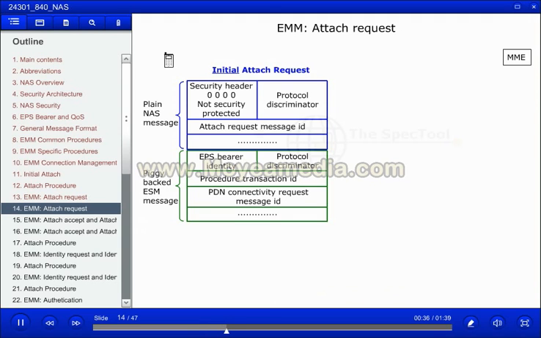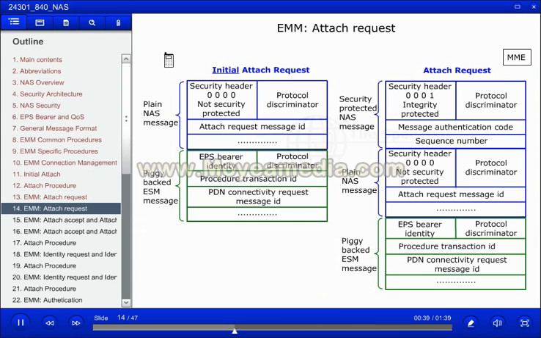On the right side, an attach request with established EPS security context is sent by the UE. The reason that an EPS security context already exists when the mobile is powered on is that when the UE is powered off, it will store the old context. If it is then powered on in the same network, the UE can continue with the old context.